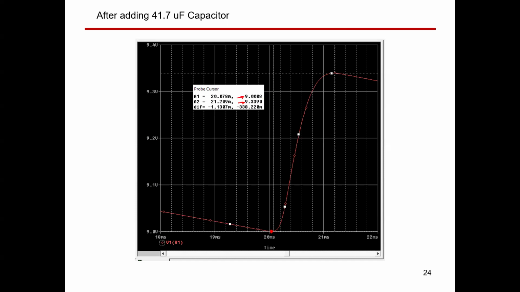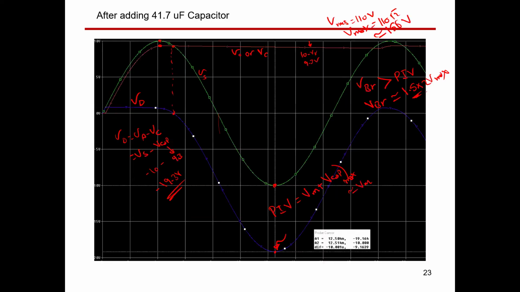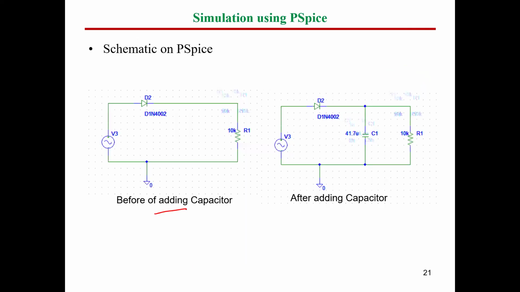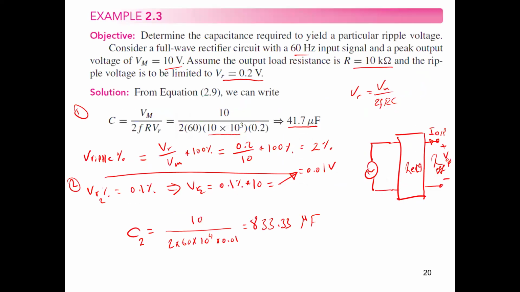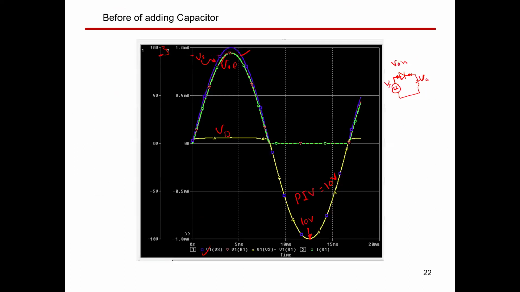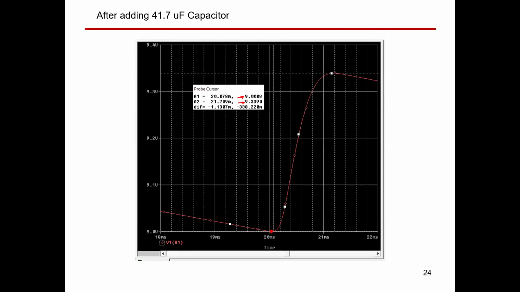In the example, by the way, it was 0.2, correct? We have here 0.3 something. So it's not exactly like what we have in our theoretical calculation. We have a difference now in the voltage ripple. If we go back here again, the voltage ripple with this capacitor value was 0.2 volt, but here we got 0.339 or 0.4 volt.